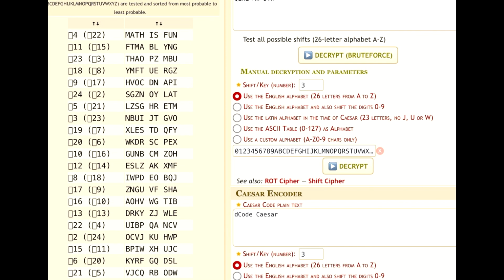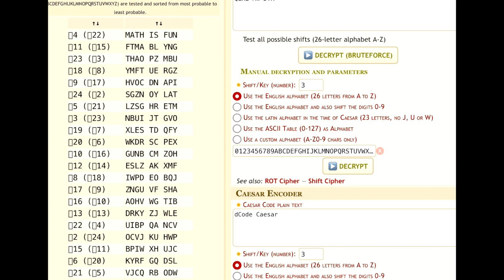We can decrypt it. And as you go through, you can see if I shift everything over by 4, +4, I'm going to get math is fun. Now I could shift it by all these other kinds of values like 17, and I would get ZNGU VF SHA, which doesn't really mean anything. And so the key for the encryption is +4. And so we shift everything to the left by 4 if we want to decrypt.